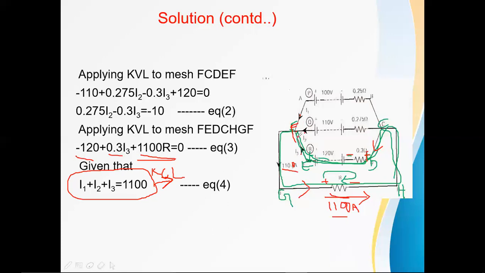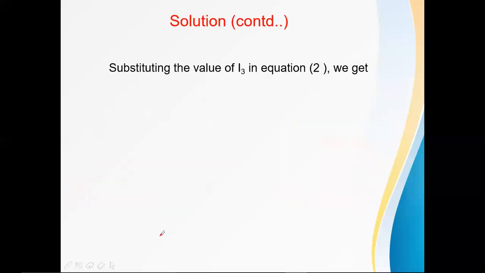Hence this entering current is leaving as 1100 amps. The reference of this value is already given in the problem itself. So based on that, I3 is 1100 minus (I1 + I2). You are going to substitute this I3 into equation number 2.